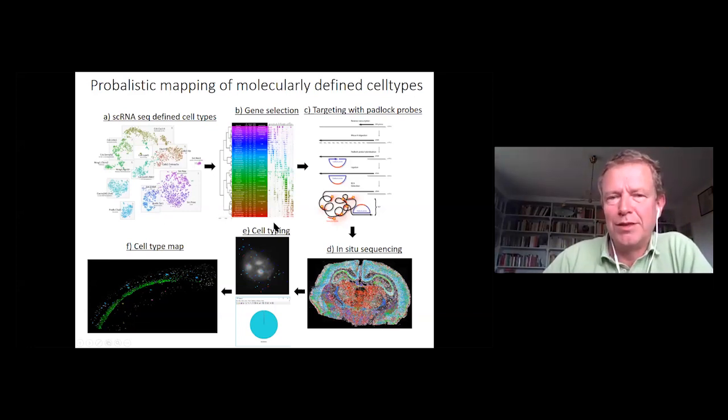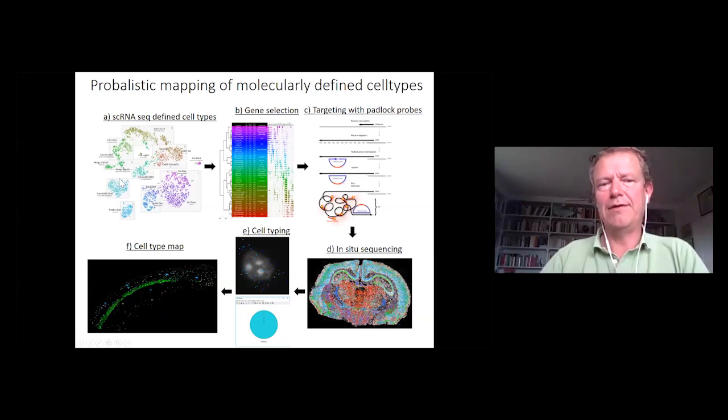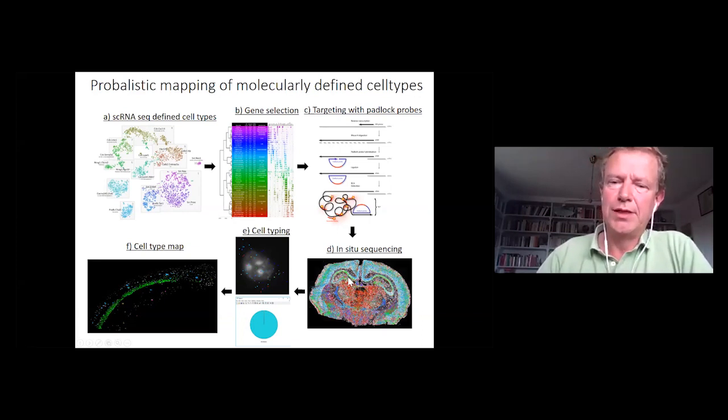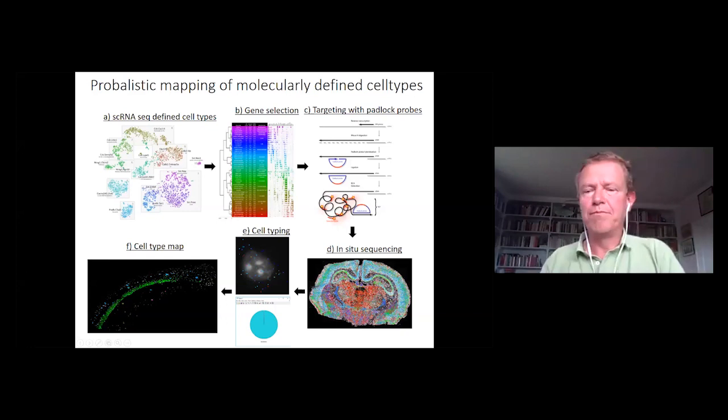We define sets of cluster-specific markers to be able to identify, in combination, every cluster of single cells. Design the probes for these genes and run the in situ sequencing experiment to generate molecular maps of the targeted genes.